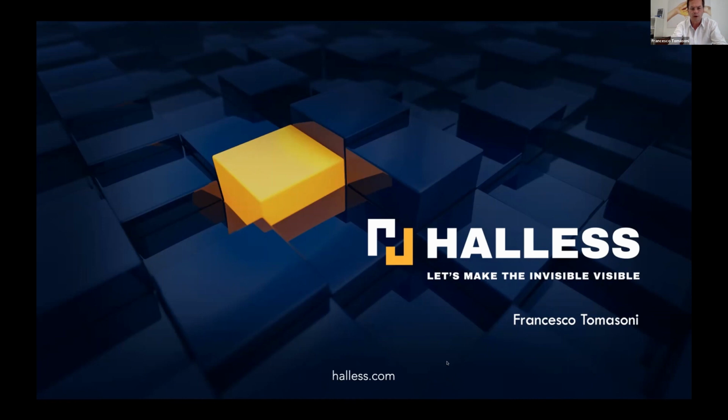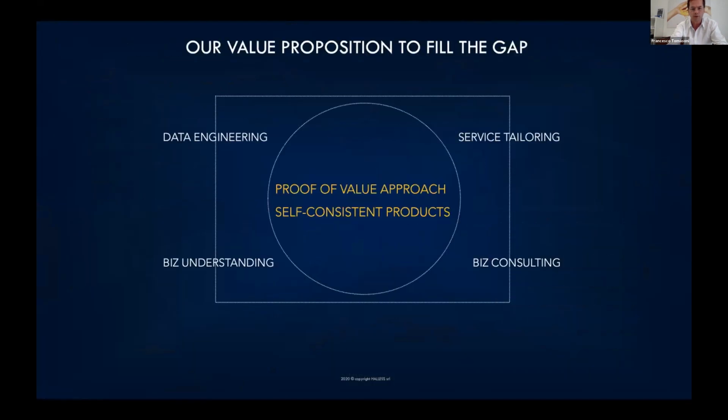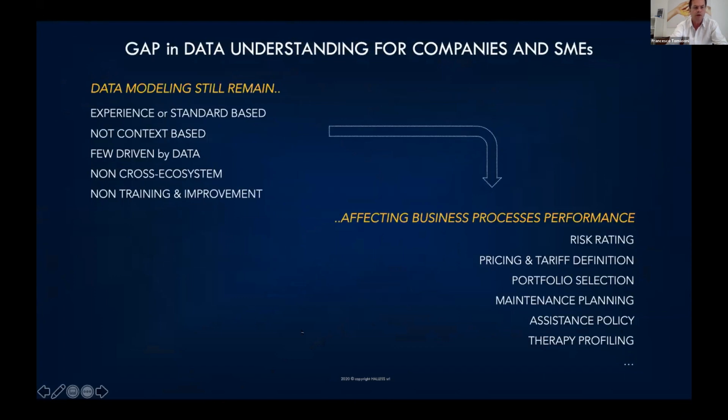So from our experience point of view, what we see is that the data modeling that our customers in our market are using is, let's say, more human or experience-based in terms of data modeling or econometrics modeling for decision-making.